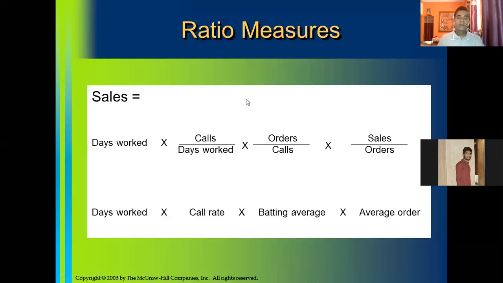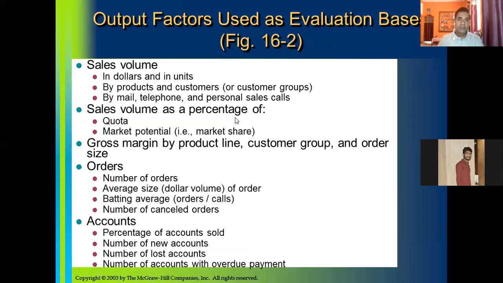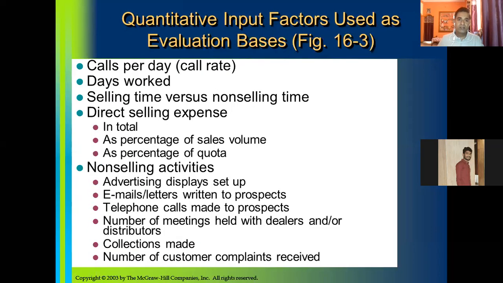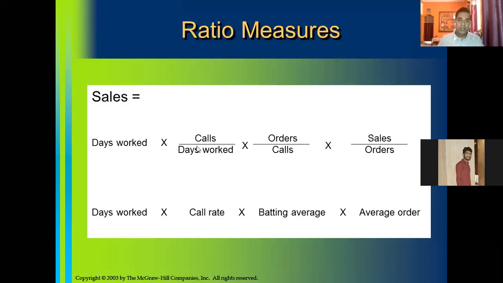Then a combination of these input and output factors can be used to arrive at a ratio. For example, orders: the total number of orders taken by the sales rep divided by the total number of customers visited, which is nothing but calls.